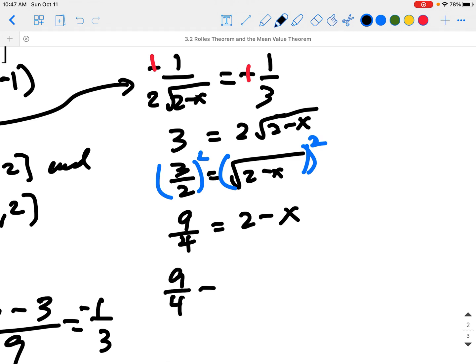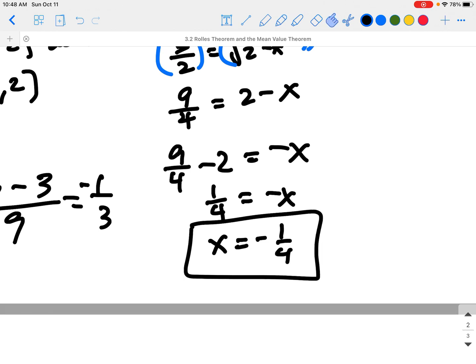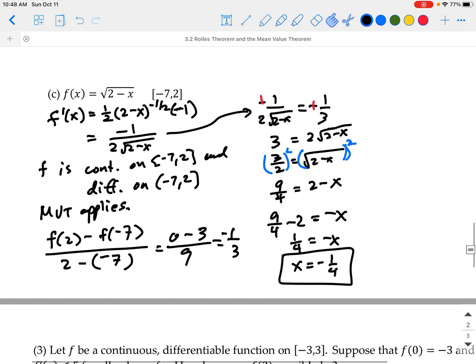So we'll get that 9 over 4 minus 2 is equal to the opposite of x. So that's 1/4, which means x is equal to 1/4. Sorry, negative 1/4. So at x equals negative 1/4, we will have a slope of negative 1/3.